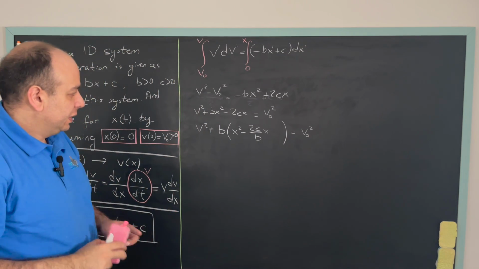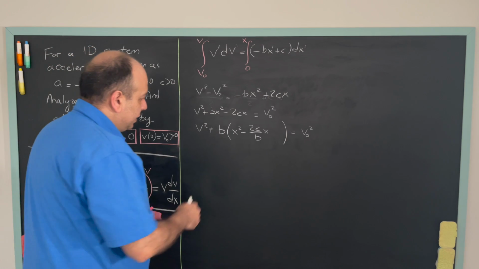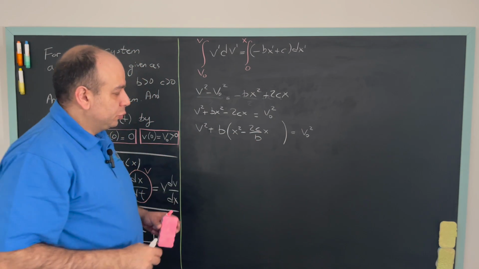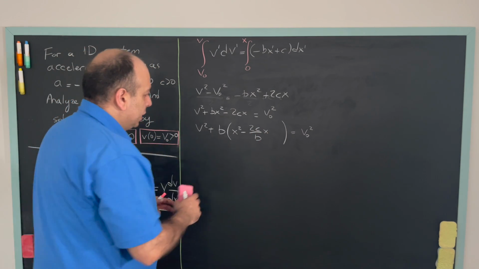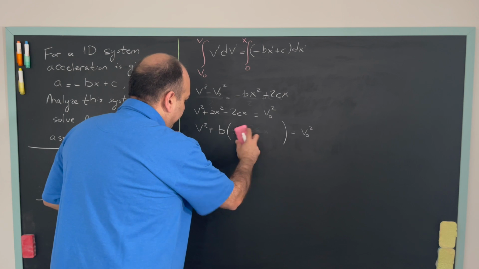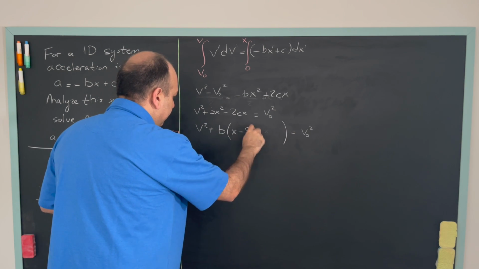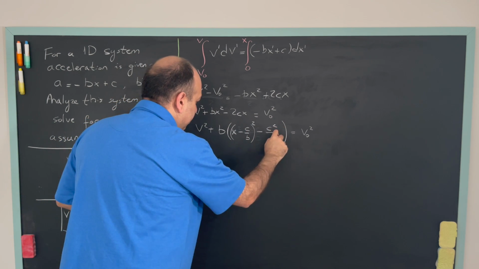Okay. So how can I complete the squares here? Well, this looks like x minus c over b squared, right? But what is missing here? c square over b square. So this is simply equal to x minus c over b, parentheses squared, minus c square over b square.